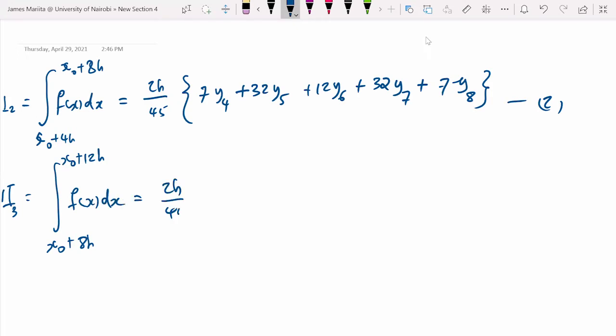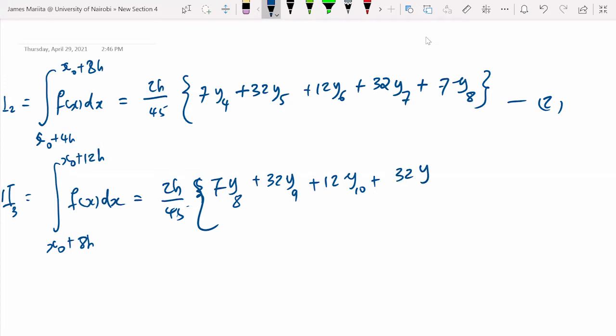So this will be 2h over 45 times 7y8 plus 32y9 plus 12y10 plus 32y11, then plus 7y12, and so on, so that we get to our nth value.